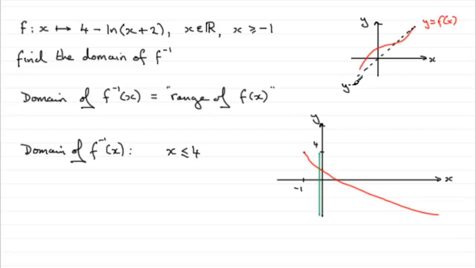Let's just put that as y equals x. So if I was to mirror this in this line here, we'd get a graph looking something like this, I would imagine.